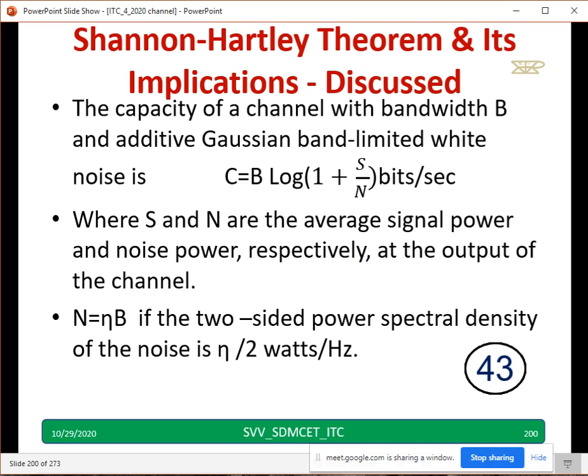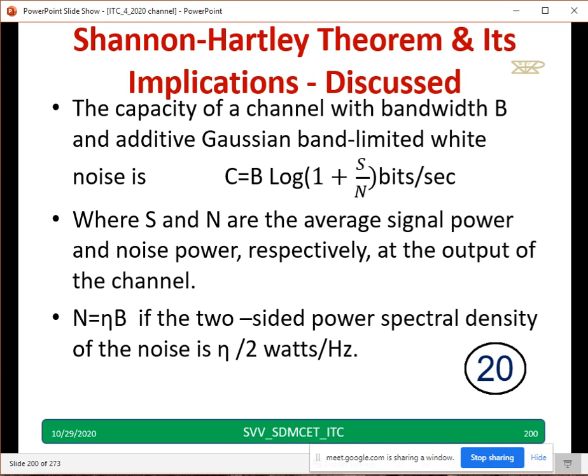C equal to B log of 1 plus S by N, where C is the channel capacity, B is the bandwidth, and S by N is the signal to noise ratio.